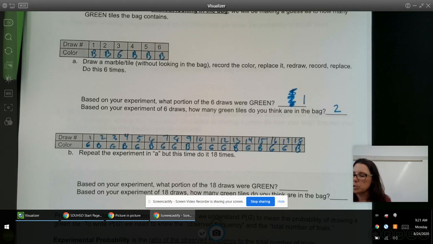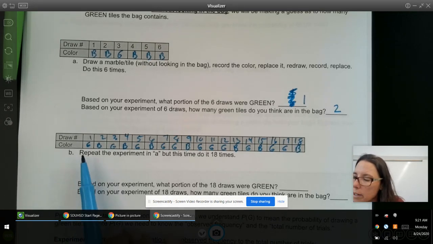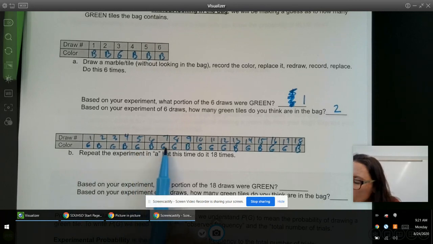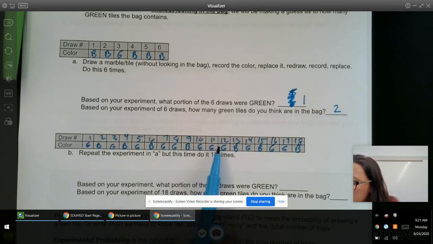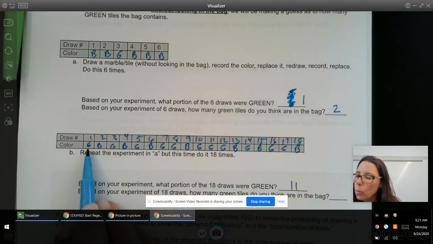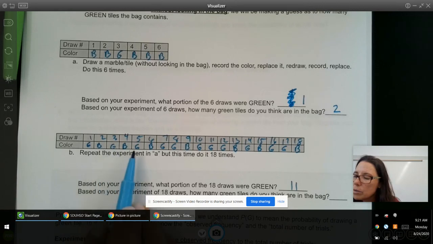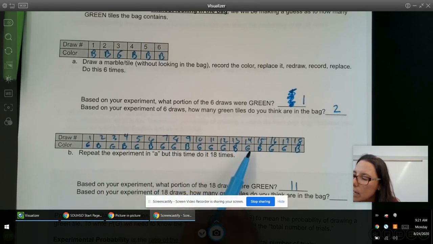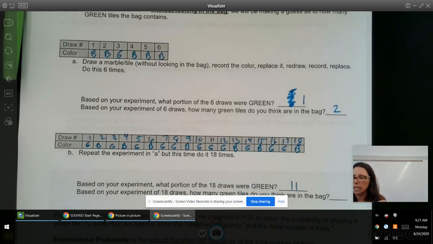Based on this experiment, what portion of the 18 were green? We had a whole bunch. 1, 2, 3, up to 11 of the 18 were green. I wanted to just double count.